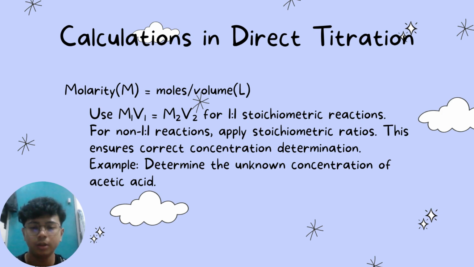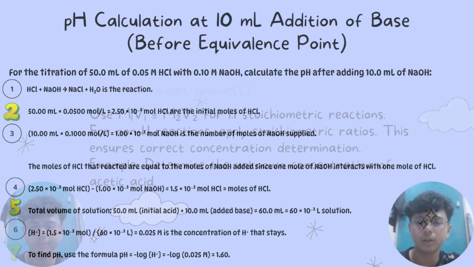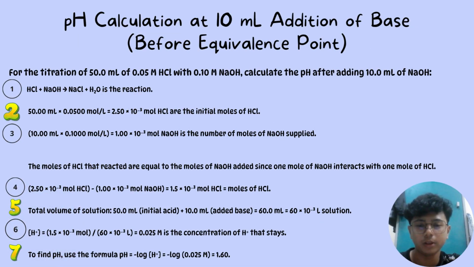Example: pH calculation at 10 ml addition of base before the equivalence point. For the titration of 50 ml of 0.05 molarity hydrochloric acid with 0.10 molarity sodium hydroxide, calculate the pH after adding 10 ml of sodium hydroxide.